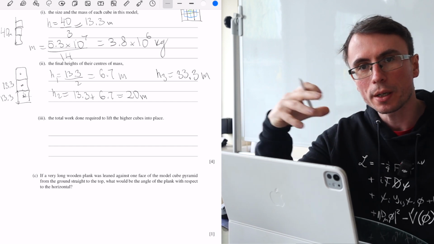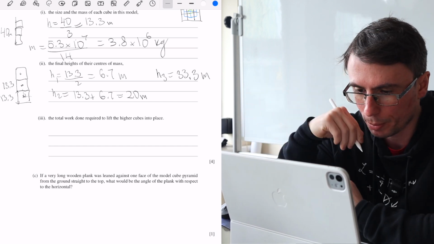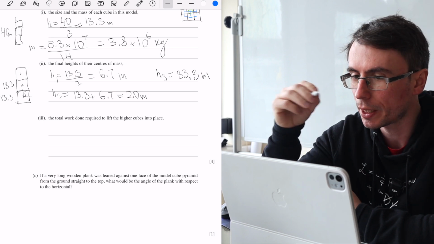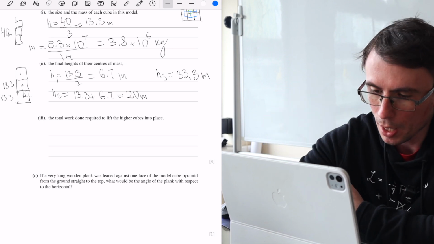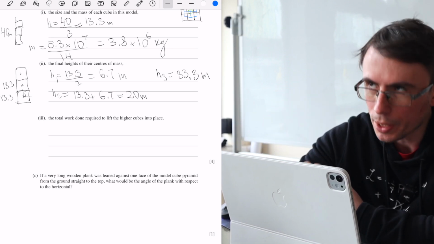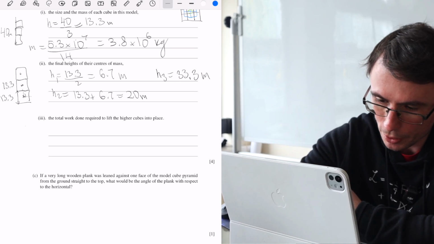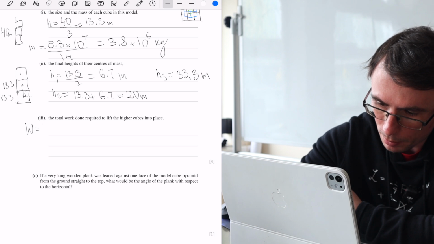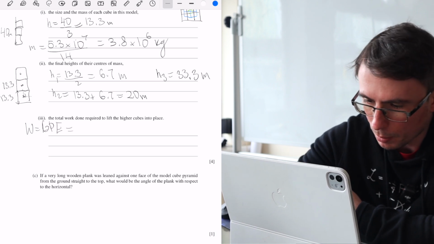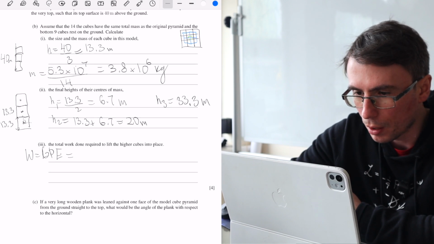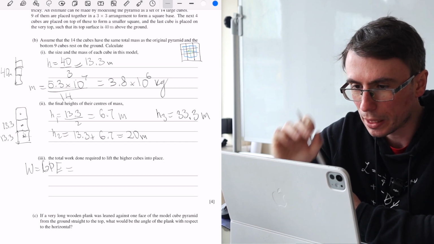Okay, next one, the total work done required to lift the cubes into place. So the initial layer is not going to require any work done to be lifted, but the second and third layer will require. So the total work done, just using mgh, or gravitational potential energy, is going to be equal to, let's just say, GPE. So it's going to be the mass of, how many of them were on the second layer?